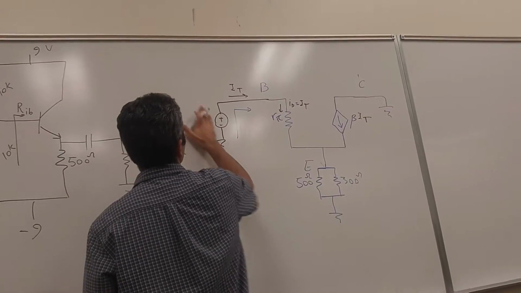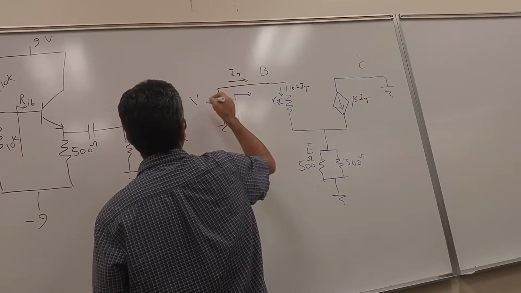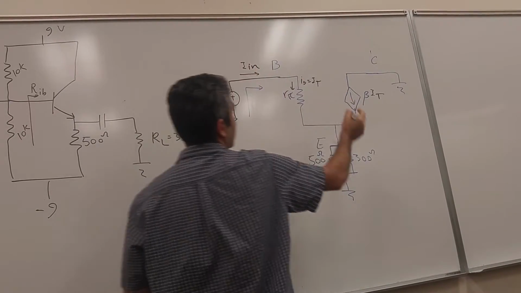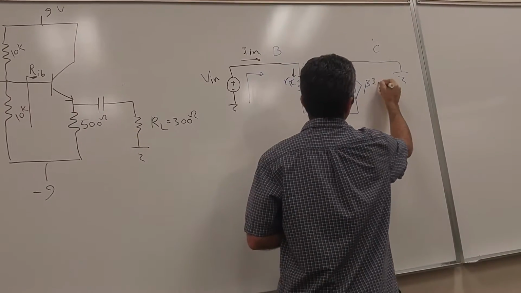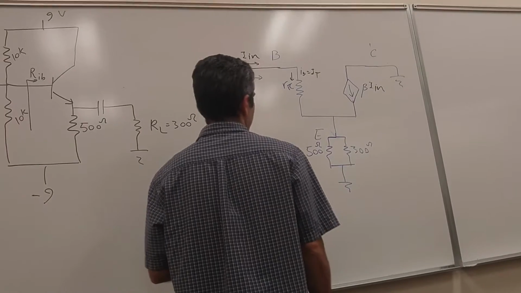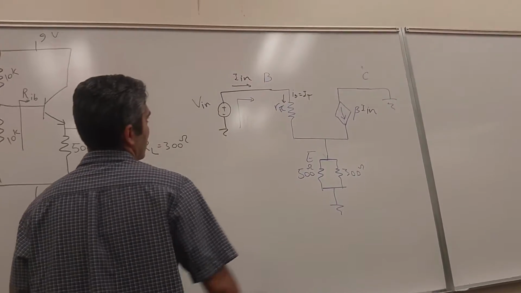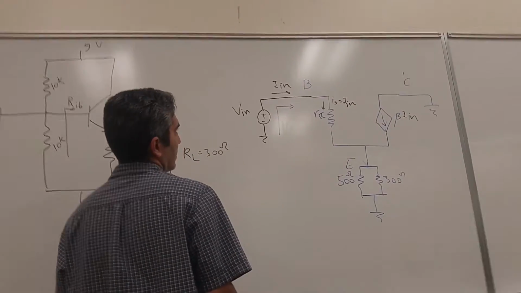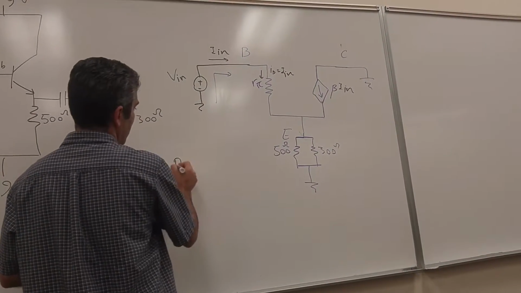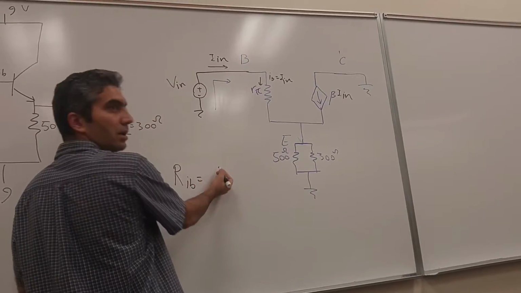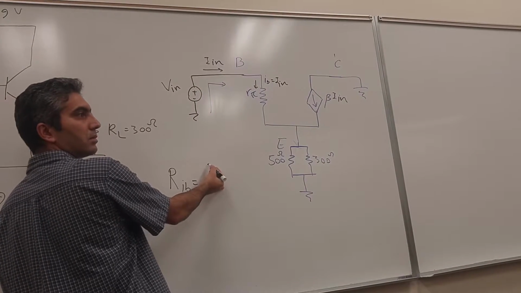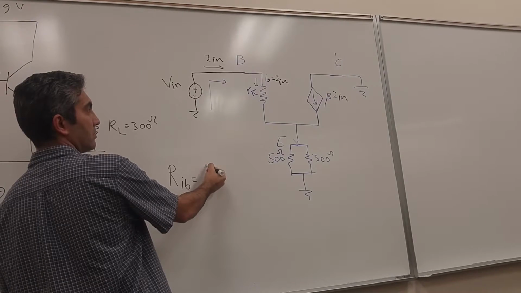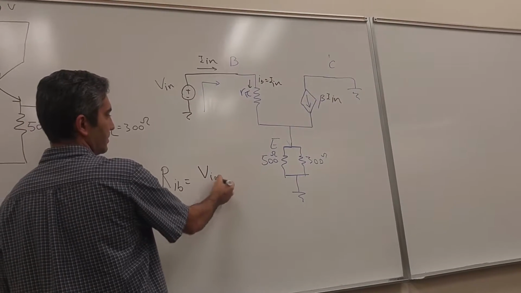The fundamental question is V in, I in. And my R in would be, by definition, V in over I in.